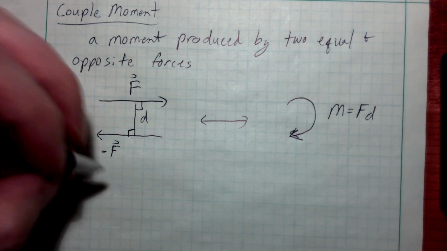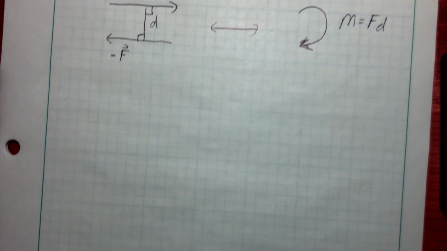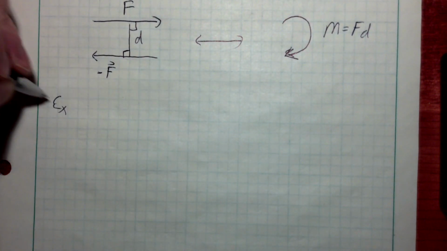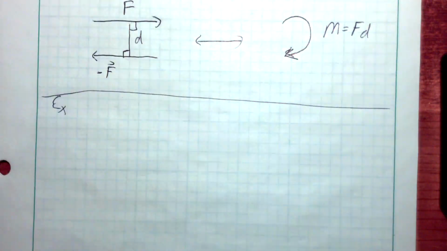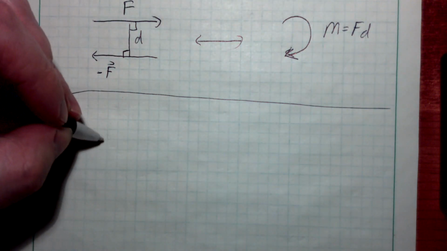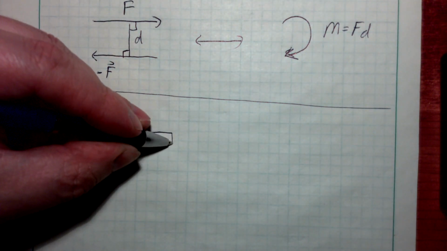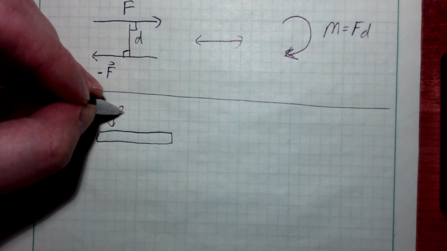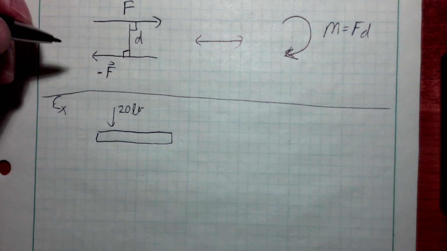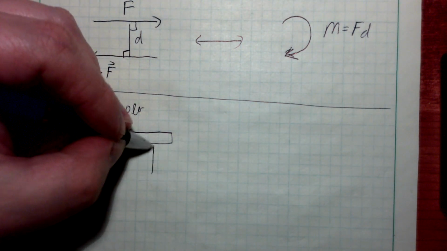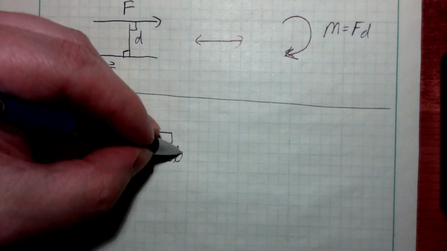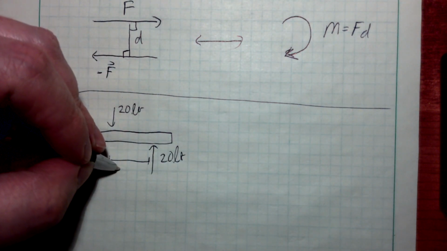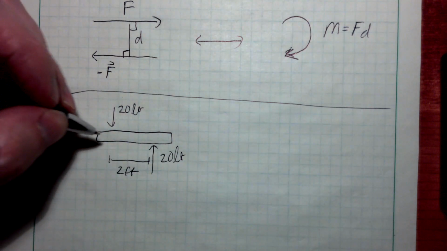What does this mean? Well, let's do a really simple example. Let's say I've got some beam where I've got 20 pounds and I've got 20 pounds, and they're both vertical and separated by a horizontal distance of 2 feet.